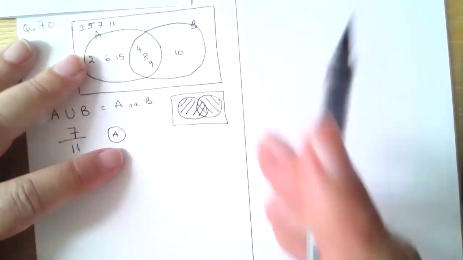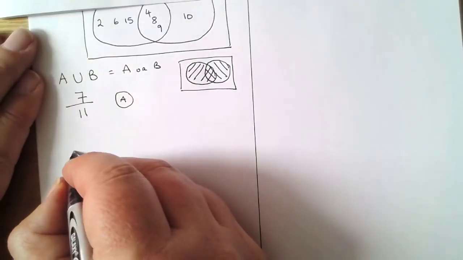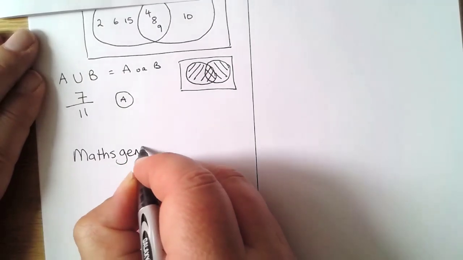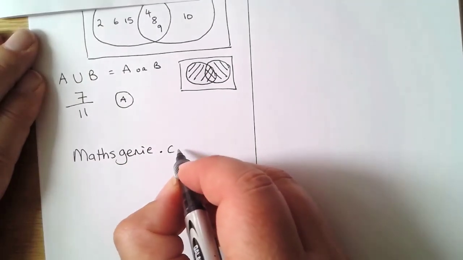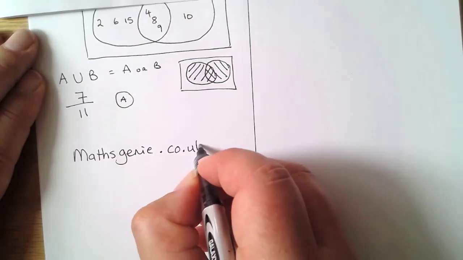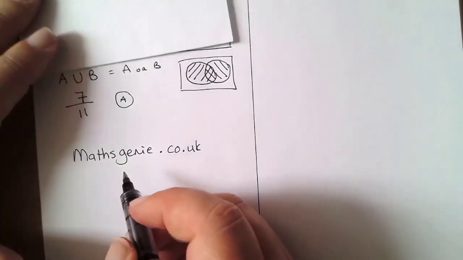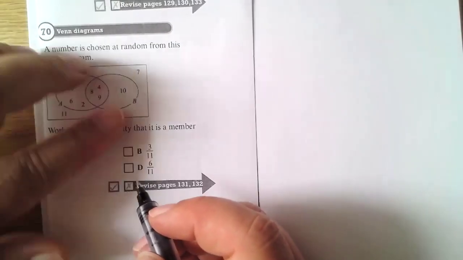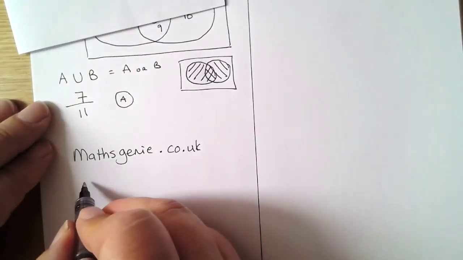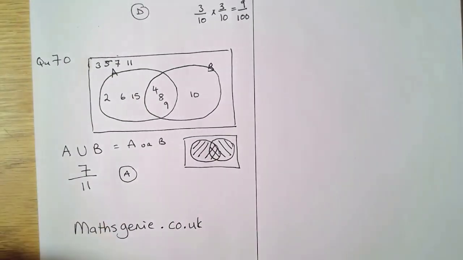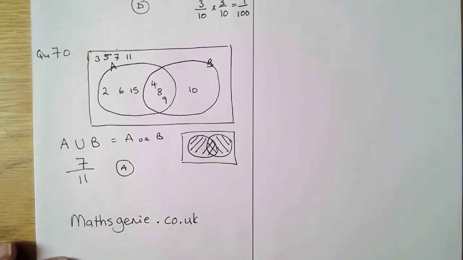So there will be more questions on Maths Genie in particular. mathsgenie.co.uk, and you can put in something like Venn diagrams. If you search in the search bar for Venn diagrams, it'll bring up some more questions like these that vary in their complexity. So as I say, well done.